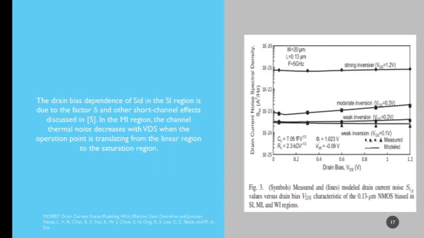Then in this graph, the measured and modeled drain current noise versus the drain bias voltage characteristic of 0.13 micrometer NMOS is shown. This graph shows the drain bias dependence of drain current noise in strong inversion region, that is due to the noise factor and short channel effects discussed in the previous session.